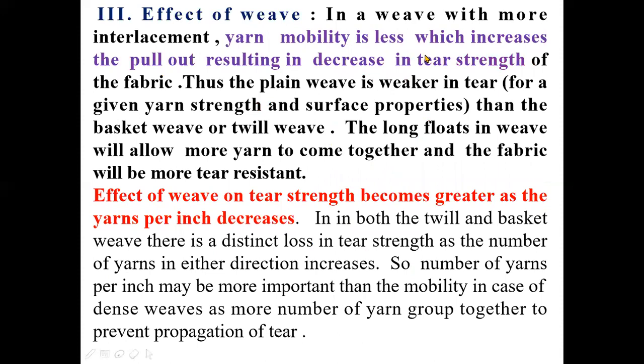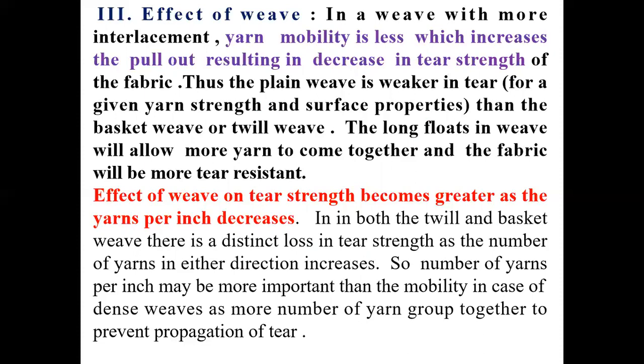Now, consider two different types of weave. In one case, the weaves are such that the yarns have very restricted motion because of the more number of interlacement. That means you can say plain, where the number of interlacement is very high, or you can consider the case of a twill, where the number of interlacement is less.